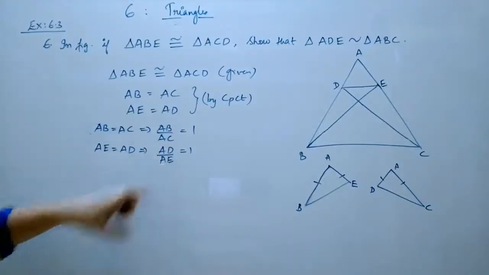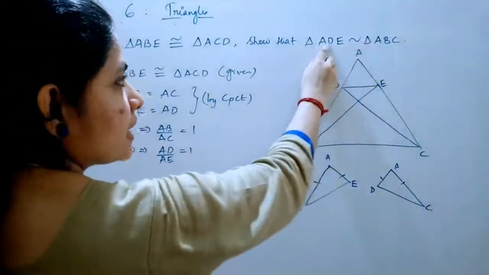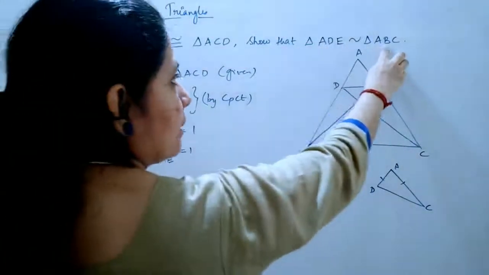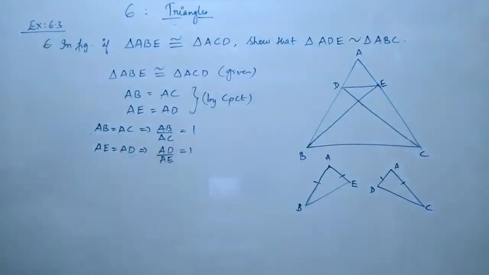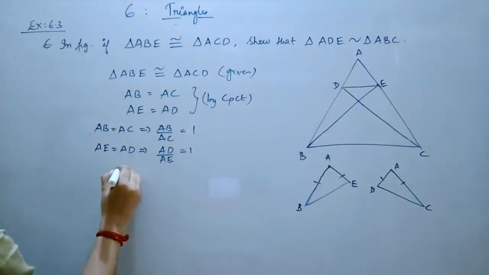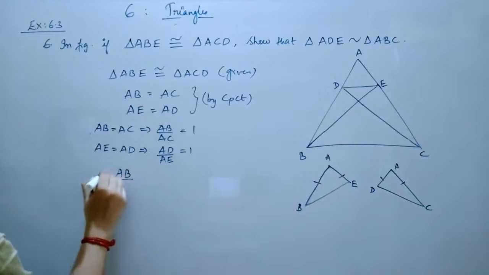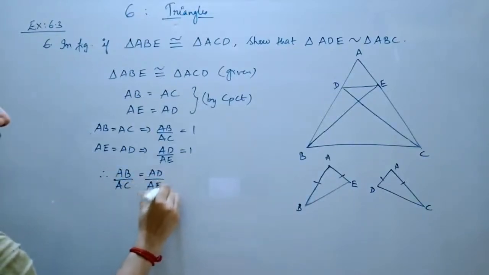I have written AD by AE because my concept is to show that these two are similar. That means wherever you have AD, you should get AB. So here if I am getting AB, I need to get AD for that similarity concept. That's why I have taken AD by AE equal to 1. Now since both are equal to 1, I will get AB by AC is equal to AD by AE.